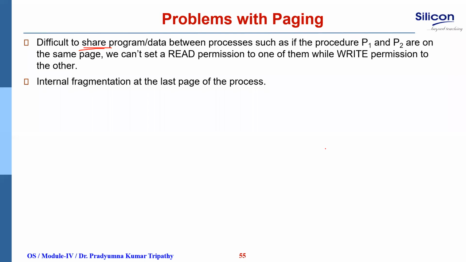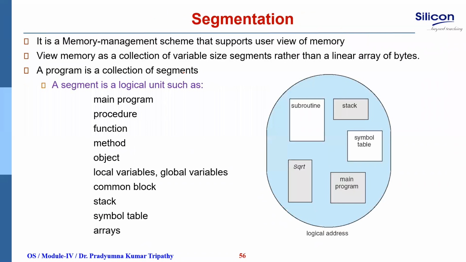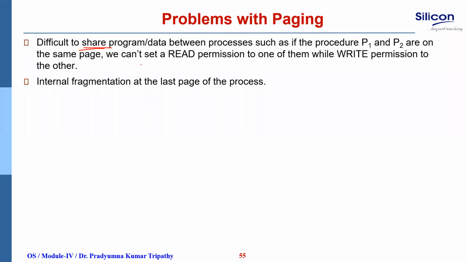So that is a problem. And there is internal fragmentation at the last page of the process. I go on storing the data in the pages, and in the last page some locations may not be filled and remain blank. So there is internal fragmentation in the last page of the process. So this is all about the paging technique.